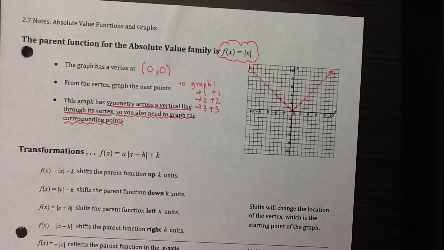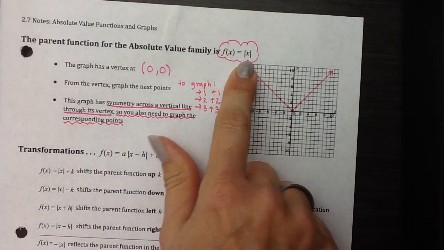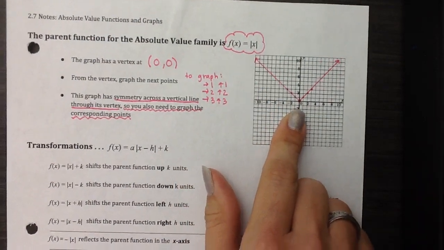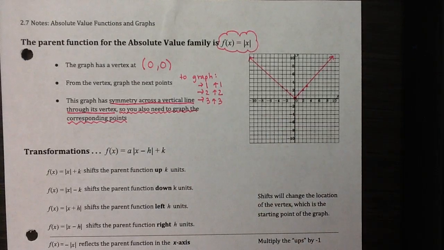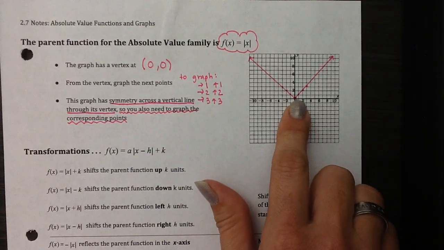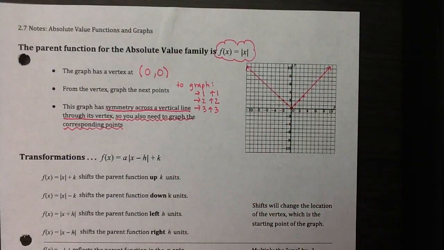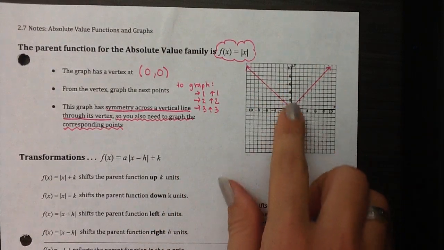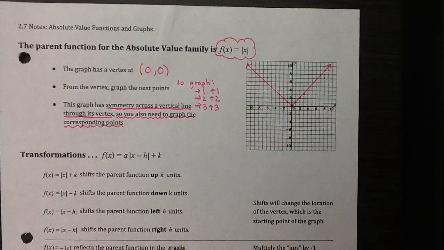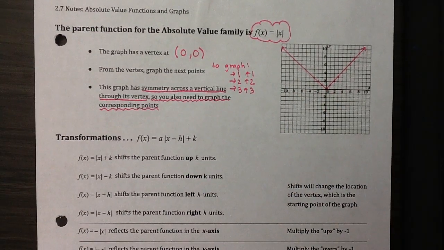So any equation that would have those bars in it is going to have this classic kind of V-shaped graph with a vertex. Now it might be skinnier, it might be wider, it might be upside down, it might be shifted up, down, left, or right, which is what we're going to learn about today. So let's talk about these transformations.